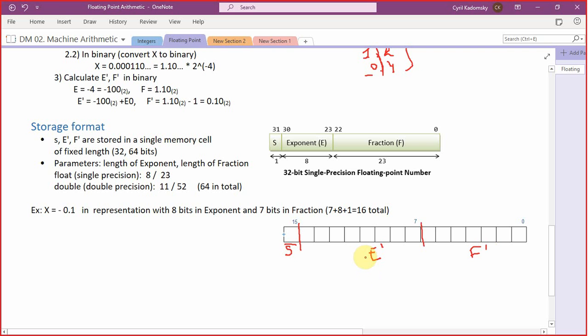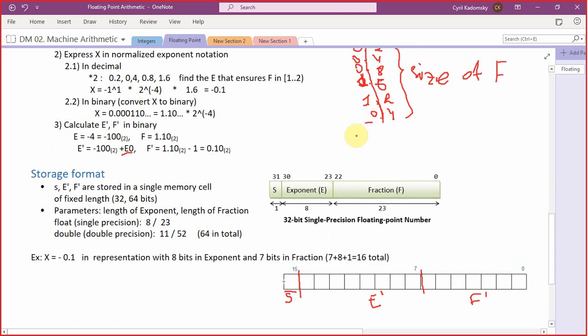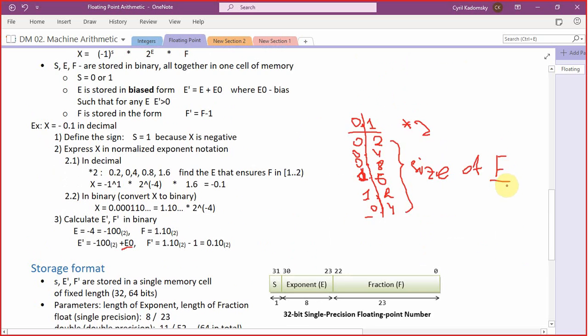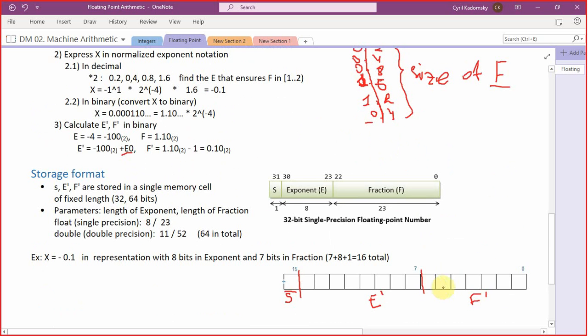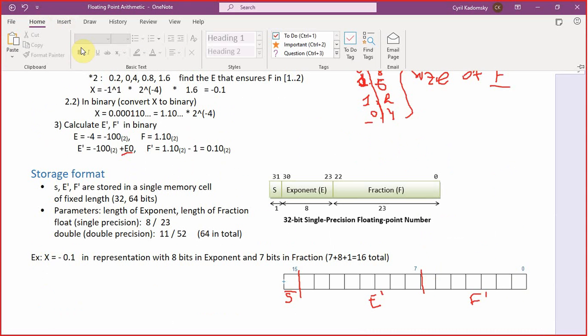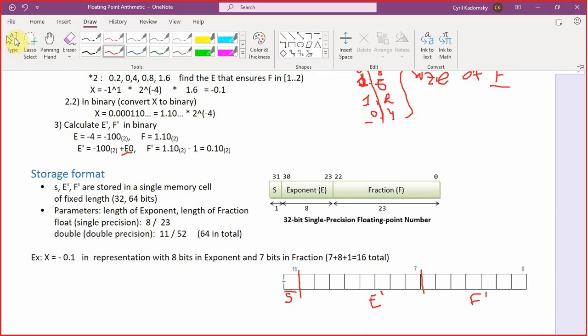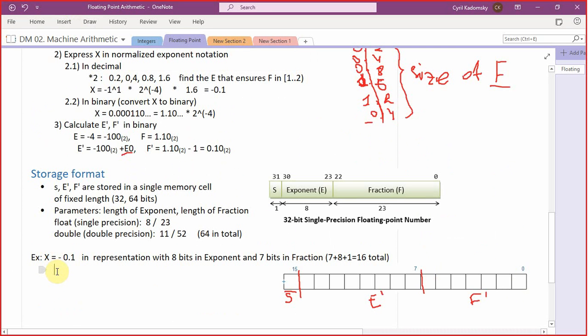Okay, now that is enough to answer the question that we have: what is E0 and what is the size of f? Now, the size of f is 7 bits, right? So in our example, it means that the fraction must have 7 bits after the point.